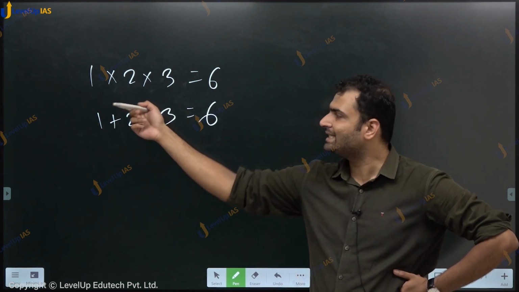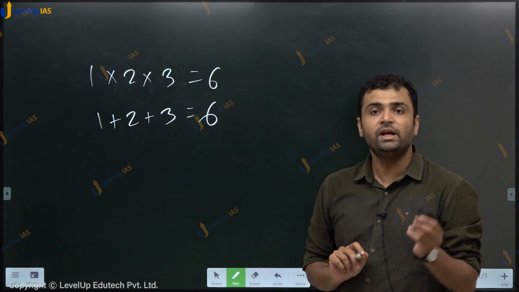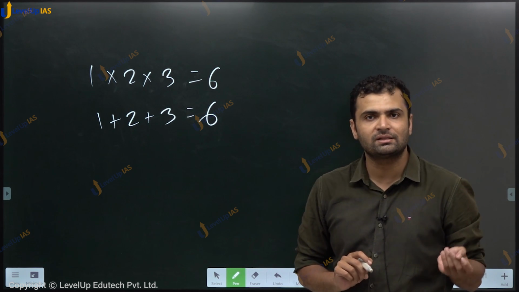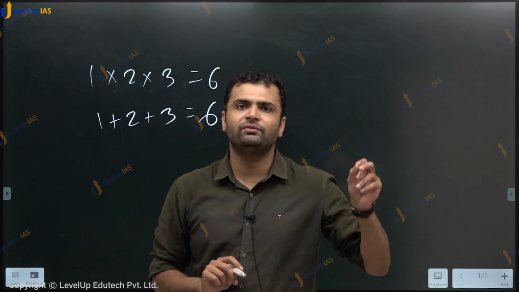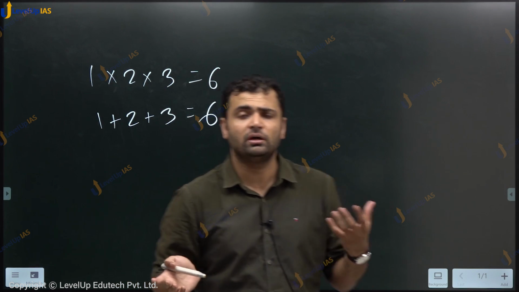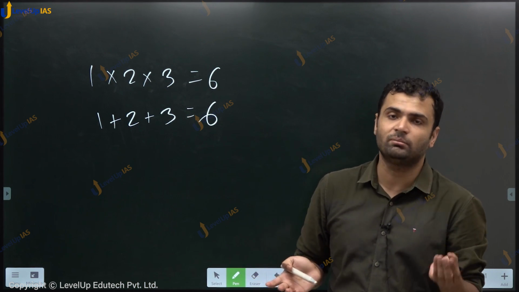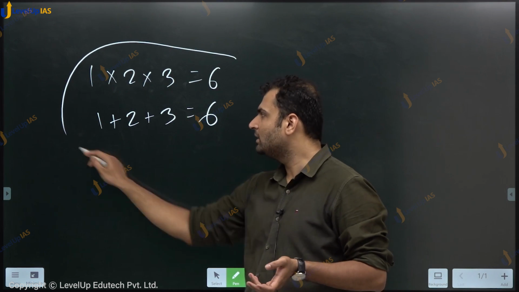The product of these numbers is the same as their sum, and these are all natural numbers. The 2021 question was about how many such triplets. It was a statement saying that there is only one such triplet of natural numbers whose sum is equal to their product. That was the question.